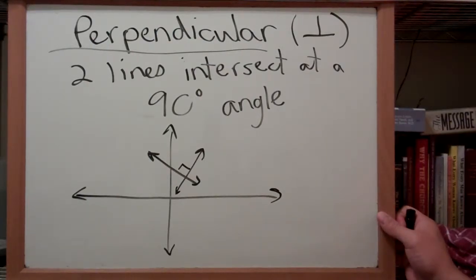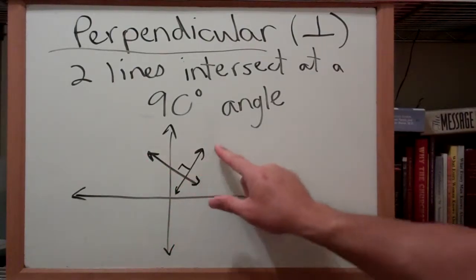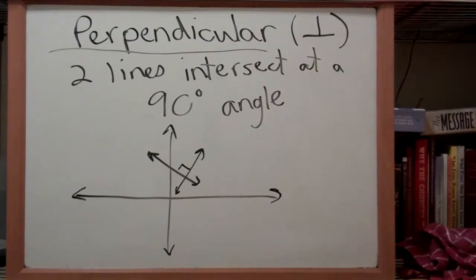Well, the way to determine that is to determine the slope of this line and the slope of this line. And if the two slopes are opposite signs, so one being positive, one being negative, and the slopes are both reciprocals of each other, then the two lines are perpendicular, or in other words, they form a 90-degree angle.